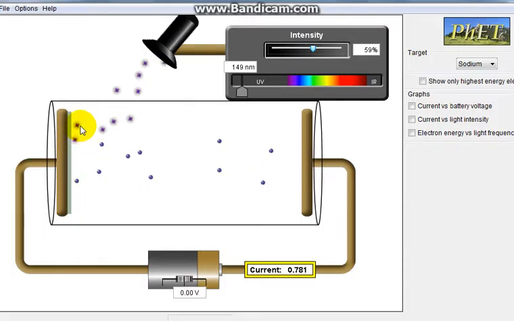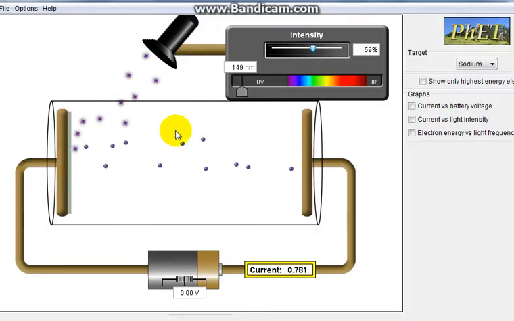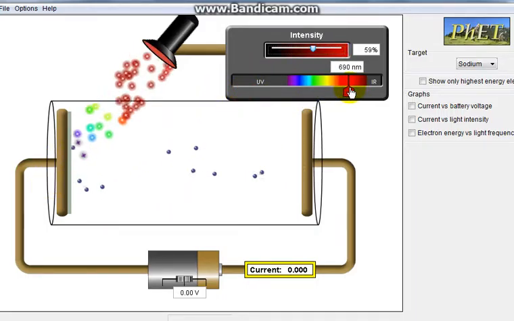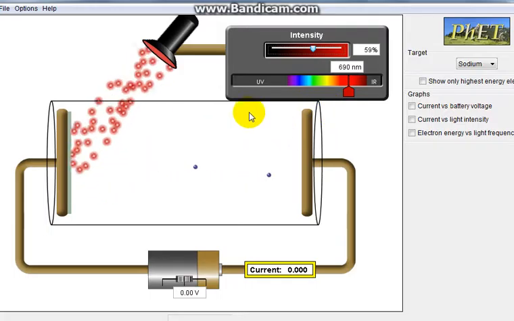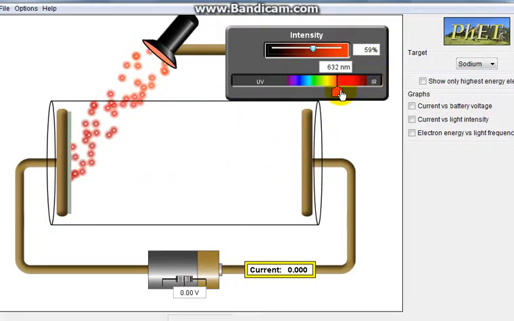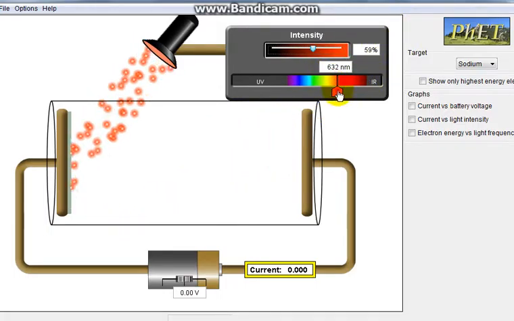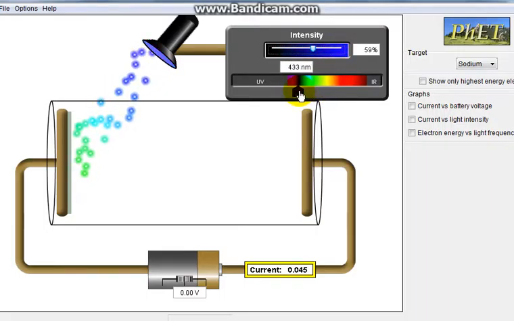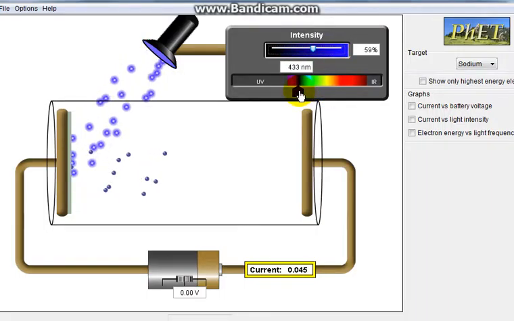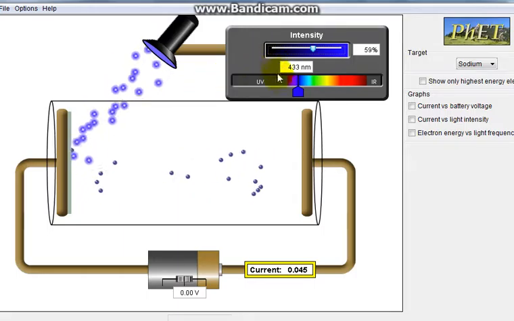One of the things you'll see is that this light dislodges electrons from the piece of metal, causing them to go flying from one side to another. When I'm here, they're relatively slow, as you'll find out in this little tutorial. If I find the cutoff point, they're going relatively slow, and I have quite a few photons.